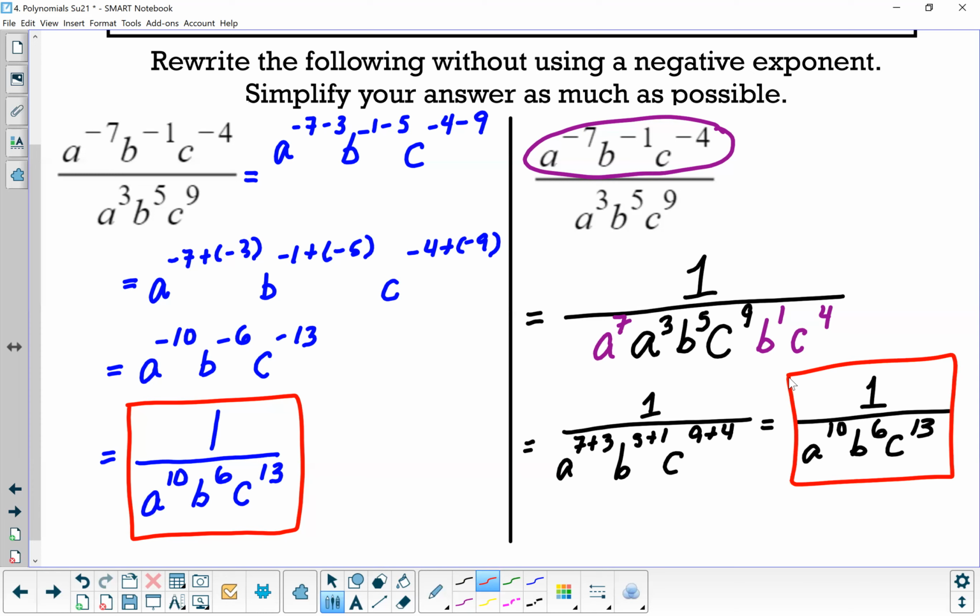All right, so you go with whichever way is most beneficial and easiest to understand for you.